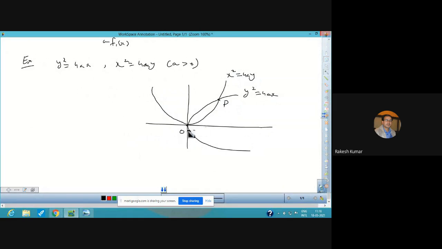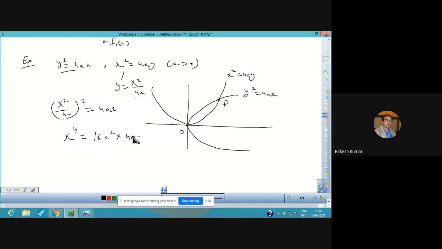But let us calculate. The value of y from this parabola will be x square over 4a, and it can be substituted here. So (x square over 4a) whole square is equal to 4ax. Now let us solve it. This comes out to be x to the power 4 is equal to 16a square into 4ax.